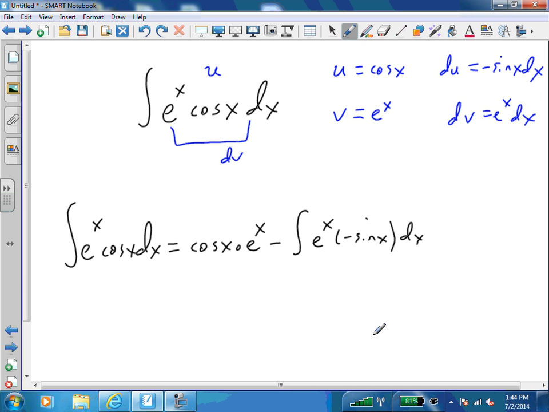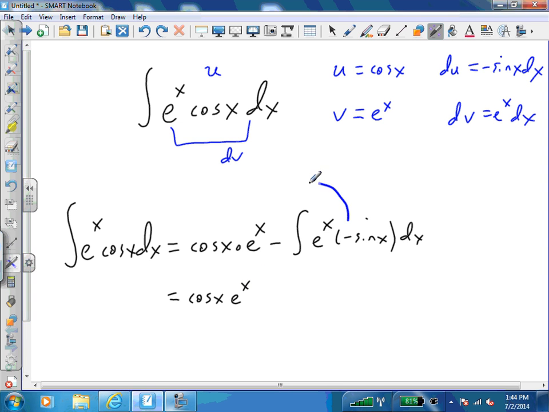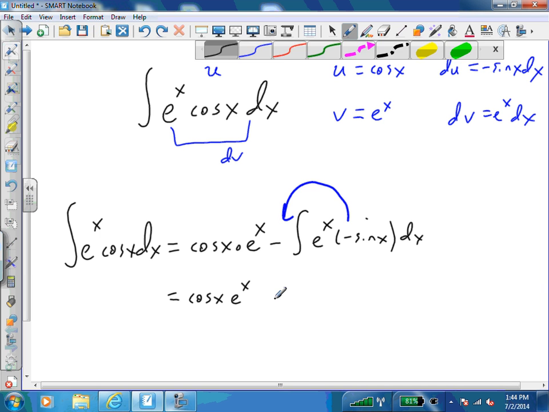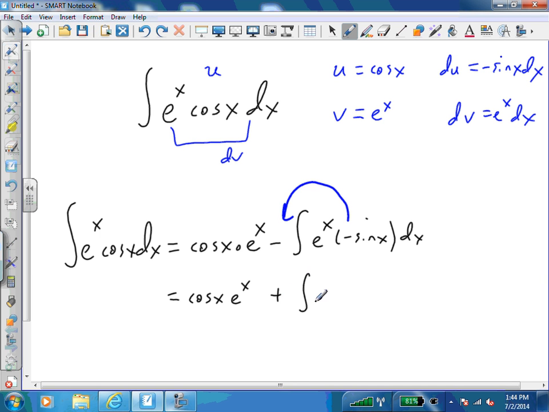If we want to, we can pull that negative out front. That'll make it a plus, the integral of e to the x sine x.